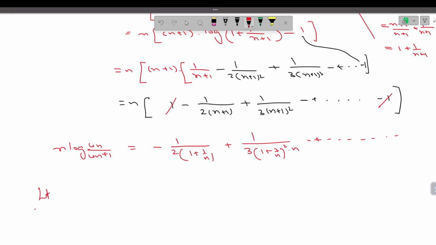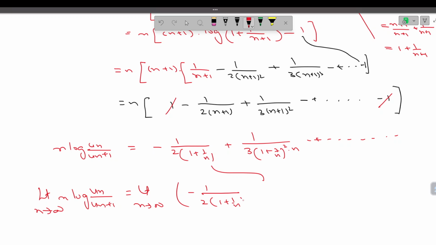Now apply the limit n tends to infinity, for un by un plus 1. Let me write it down. See here.